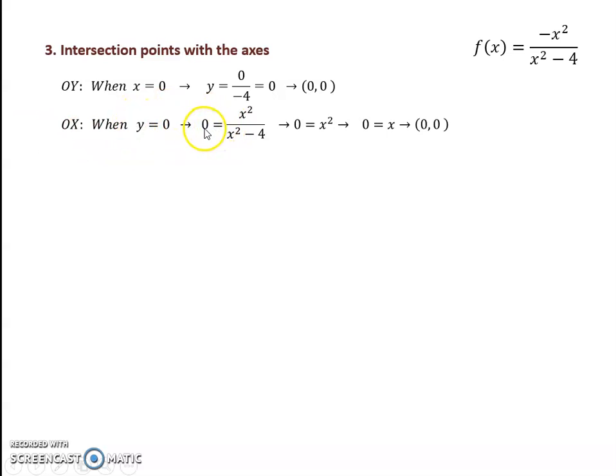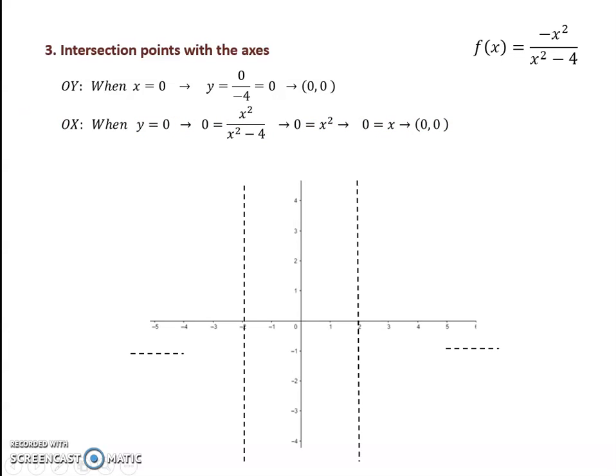Instead of y or f of x, I'm writing the 0 over here right now. And these kinds of expressions are 0 when the numerator is 0, the one at the top. So 0 equals x squared, and it's quite obvious that x needs to be 0 in order for x squared to be 0. So we're again obtaining the point 0, 0. Go back to your graph and locate it.